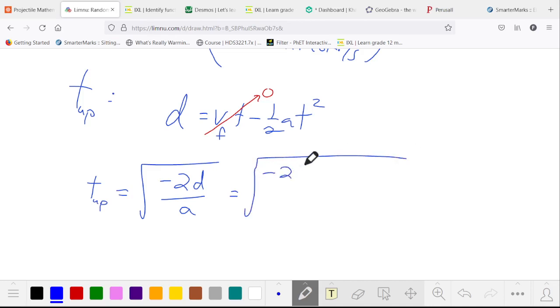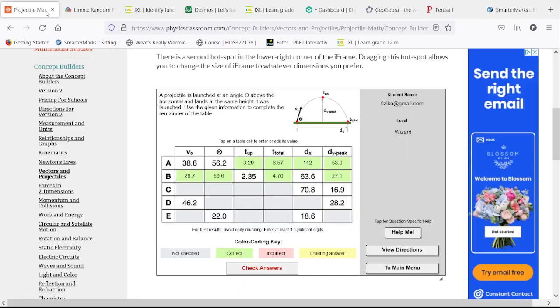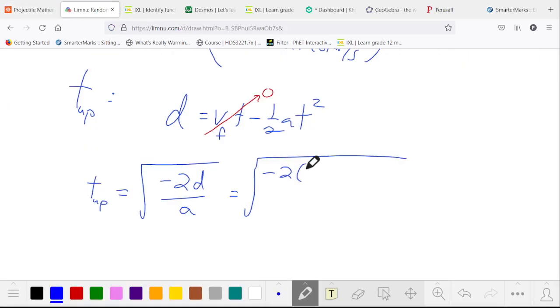So negative 2. Our displacement is 27.1. Oh, wait, wrong row. 16.9. And our acceleration is a negative 9.81 meters per second squared. This negative cancels the other negative.